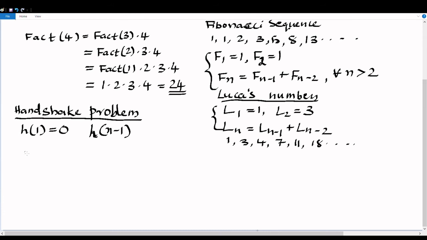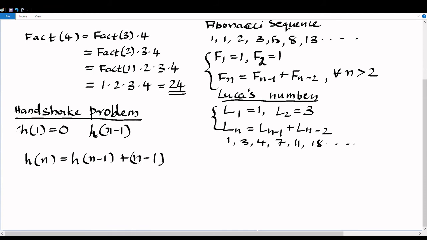Now, when the nth person enters, he shakes hands with n minus 1 persons. So, h of n is equal to h of n minus 1 plus n minus 1.